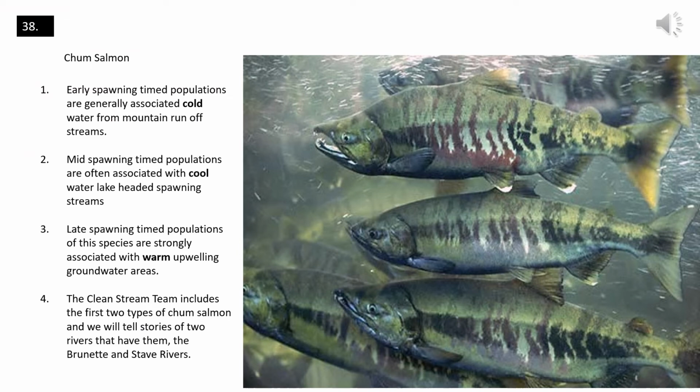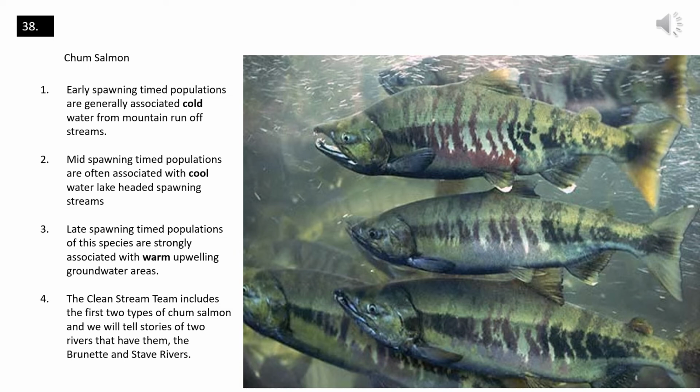So chum salmon are the other species in this clean stream group, but as we've discussed, there are different forms of certain species. Chum salmon is one of them. The early timing fish tend to spawn in more mountain-fed runoff streams. Examples are some of the North Shore streams, such as Brothers Creek, which have chum spawn relatively early, late September, October.